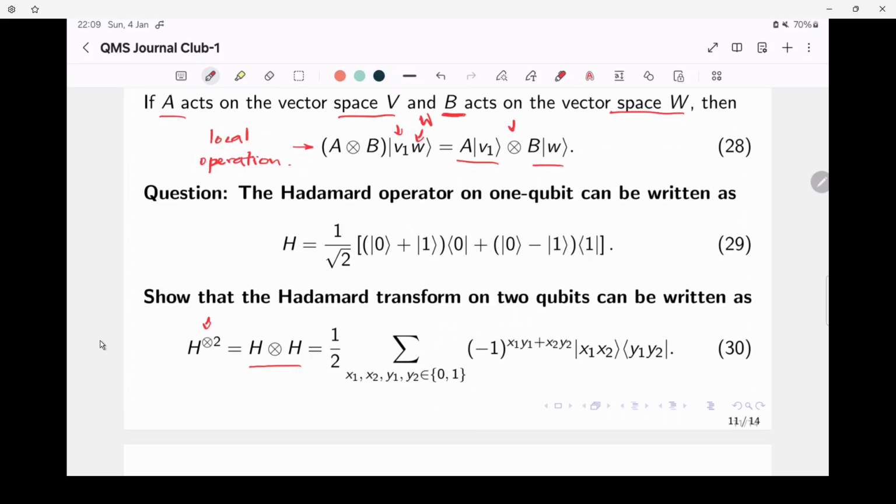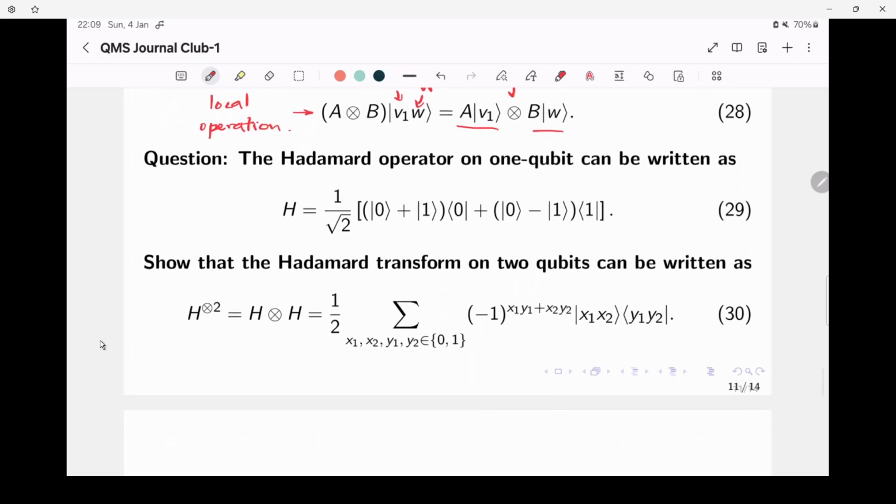This notation is particularly useful when you are doing the tensor product n times, so then you don't need to write the tensor product all the way. So sometimes people use this notation.